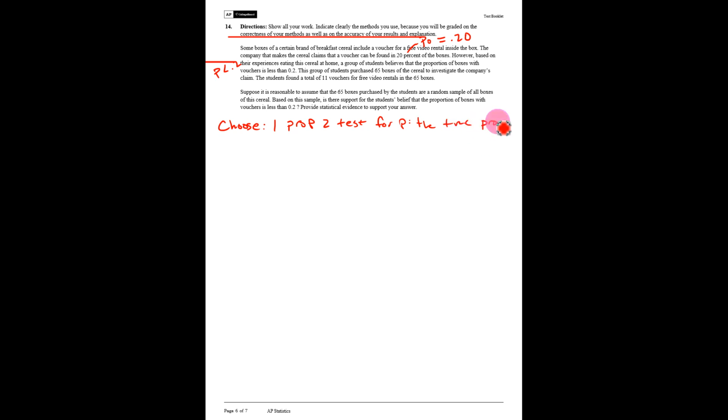Proportion of cereal boxes with a voucher for a free video rental.